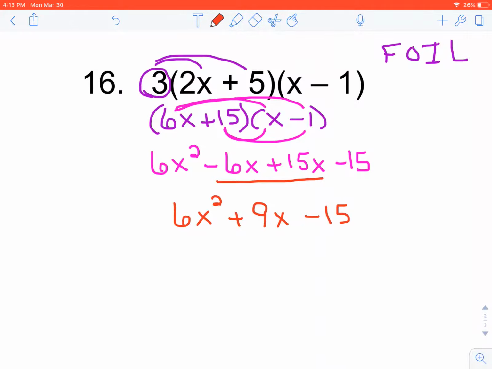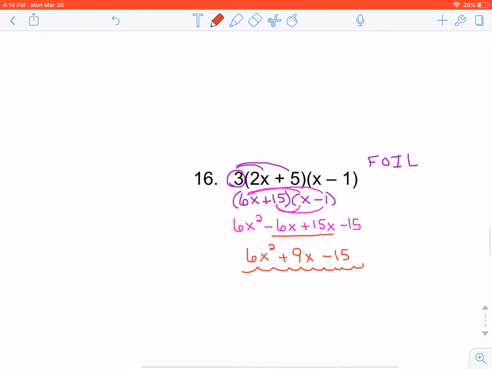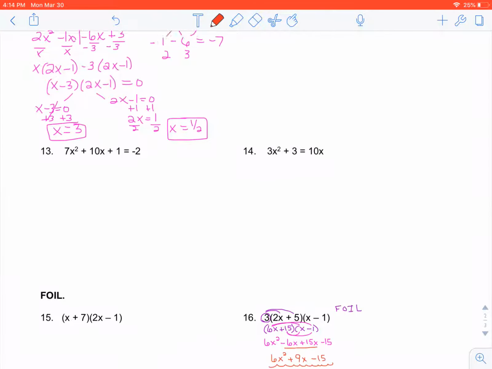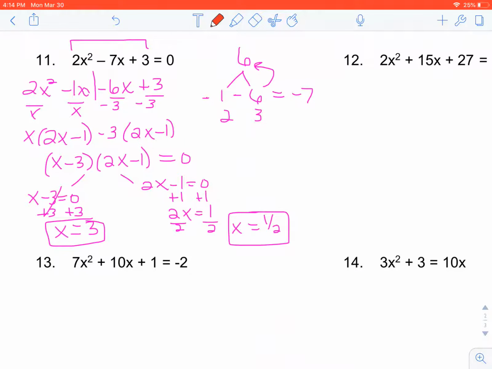So now if I look at this FOILed answer, it looks exactly like all of the other problems on this page that we were asked to factor. So again, FOILing is the opposite of factoring. Factoring means to break a problem down, like number 11. However, in number 11, because it was equal to 0, we solved.